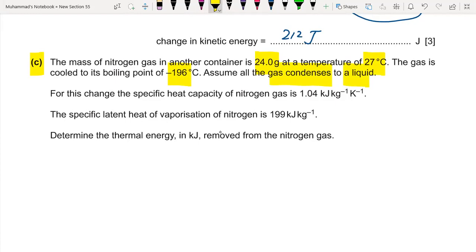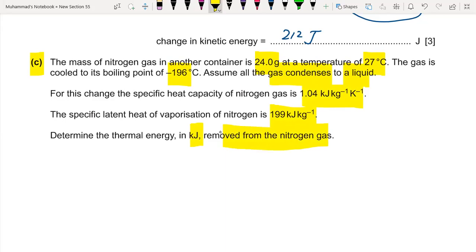The state is also being changed. First, the gas is cooled, the state is not changed, from 27 to minus 196. Then the state of the gas changes. For this, the specific heat capacity of the nitrogen gas is this, and the specific latent heat of vaporization is this. Determine the thermal energy in kilojoules removed from the nitrogen gas.